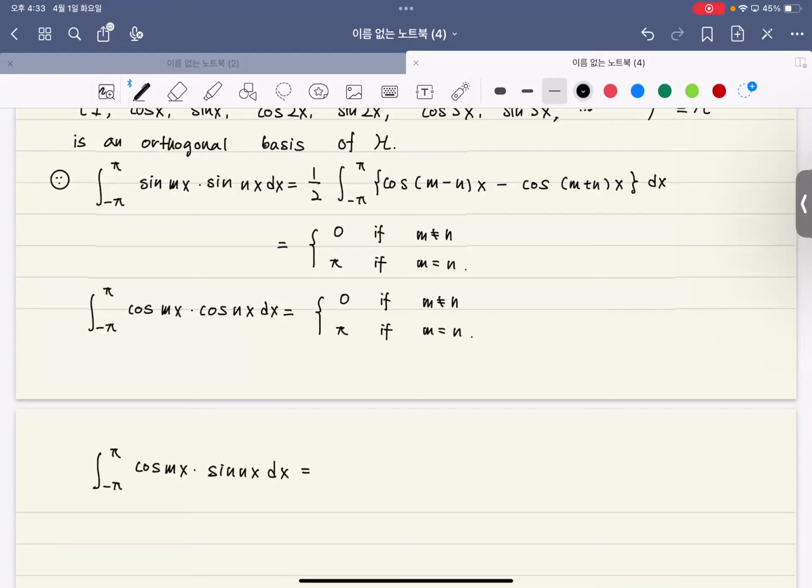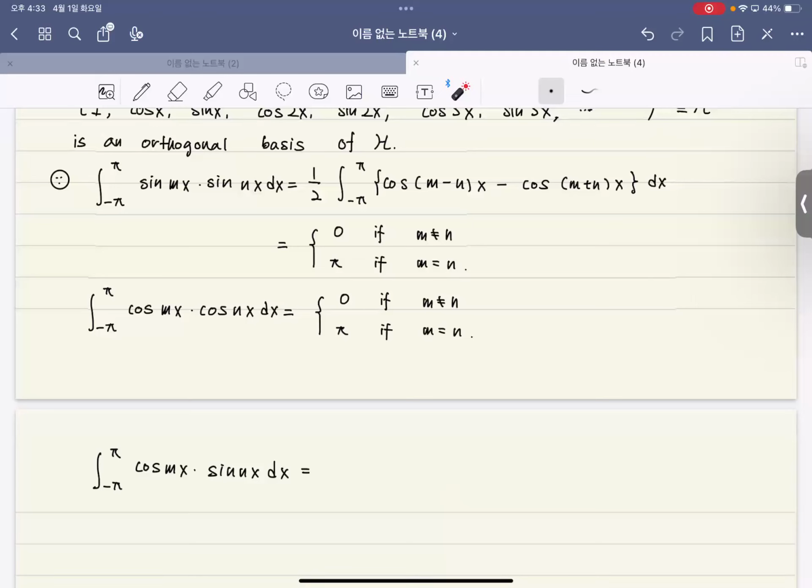To integrate this, I am using another trig identity, but this time it is not cosine of something minus cosine of another thing, but sine of (m minus n) x plus sine of (m plus n) x. So in this case, we have two integrands regarding the sine functions.